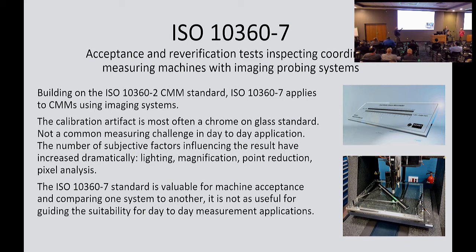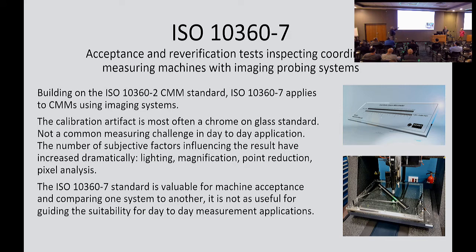So when we calibrate a vision system, we give a number and say, hey, it's good to 1/10, 50 millionths of an inch, based on how well we measured our chrome-on-glass artifact. And if somebody says, hey, that's great, I'm going to measure my plastic injection molded parts to 1/10, 50 millionths of an inch. Well, not so much, because the edges on that molded part are a lot different than that chrome-on-glass part.